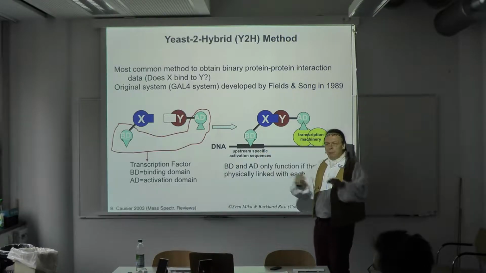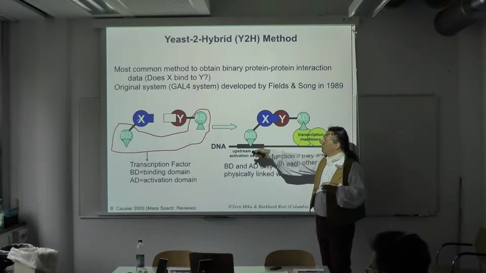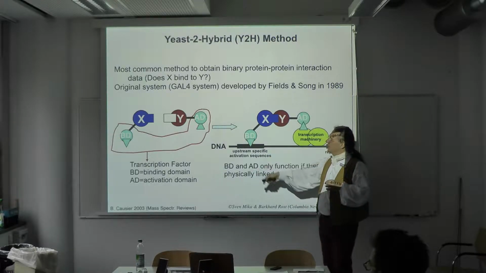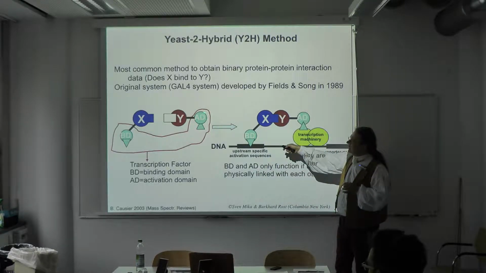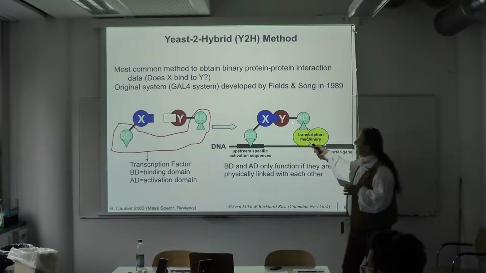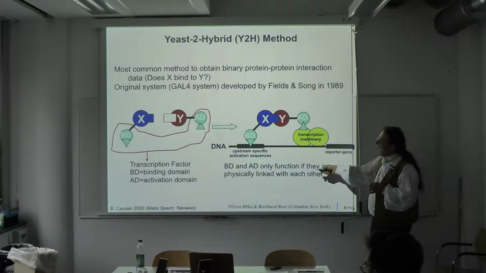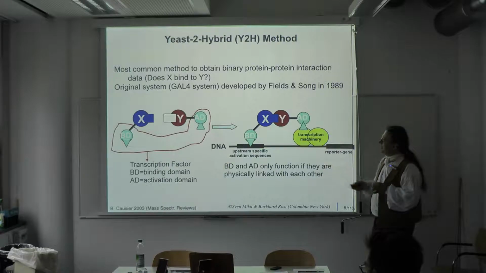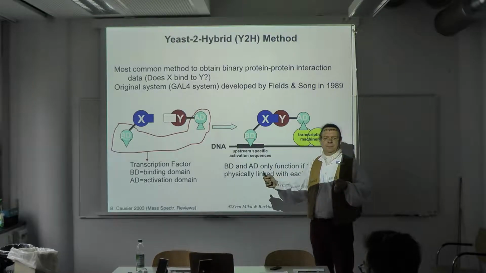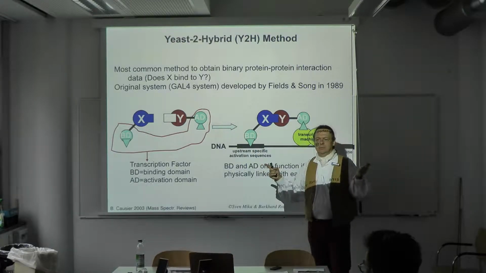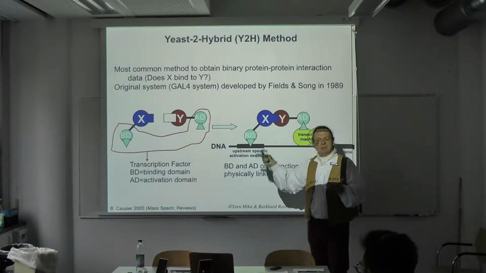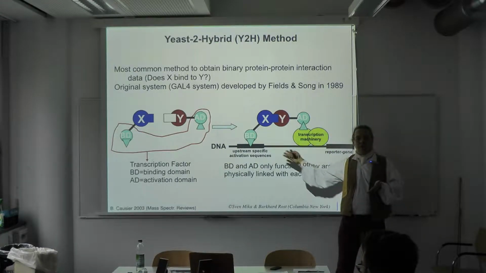And you actually put, by genetic engineering, a domain with a reporter, I'll get to that in a minute, on X, and another domain with another reporter onto Y. Now, the moment they interact, you activate an upstream specific activation event that leads to an emission of light. These two interact, you see light. So you see light, you can actually look at the cell, then you know these two interacted. And people can really do that in high throughput, meaning they can do that for 1,000 proteins at a time.